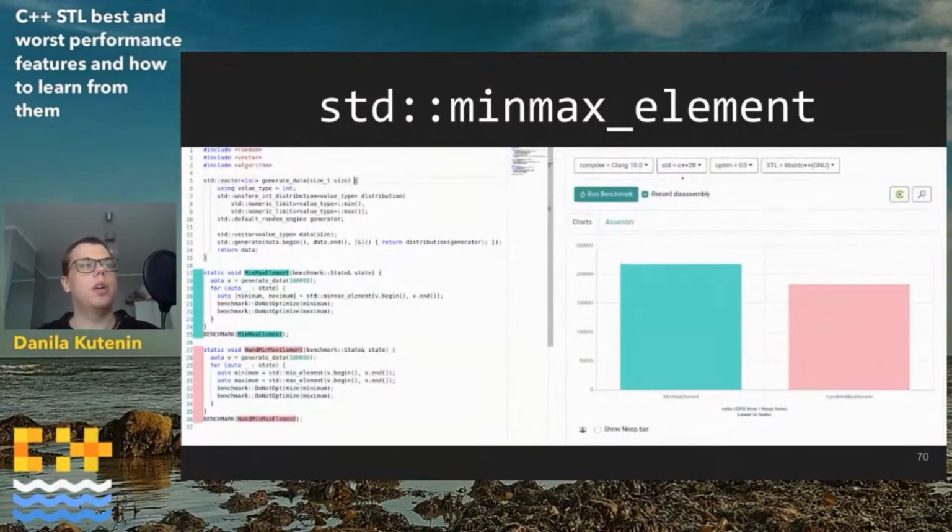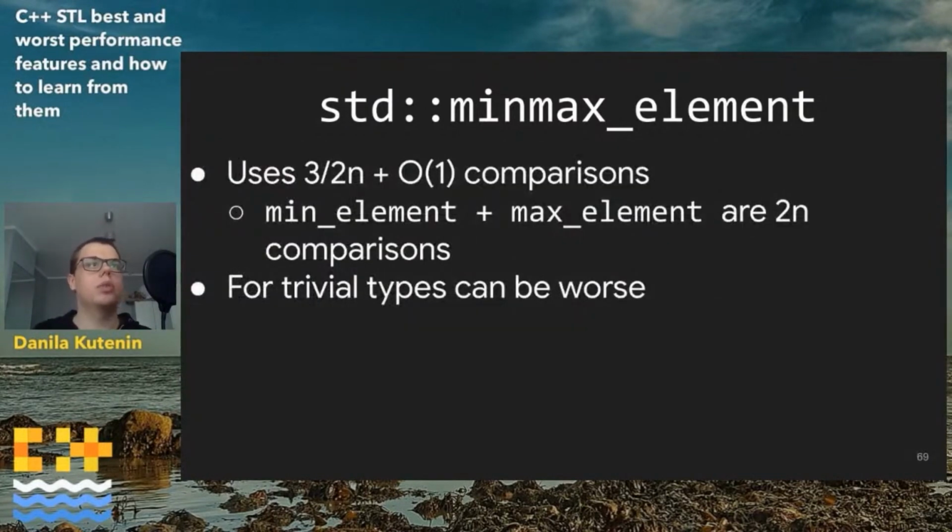For example, in this benchmark, I have hand-written min-max calling the min element and the max element on a vector of integers. As you can see, the standard min-max element is worse by 15-20% than the hand-written one. So it has some surprises, but 3n over 2 comparisons is basically a standard.